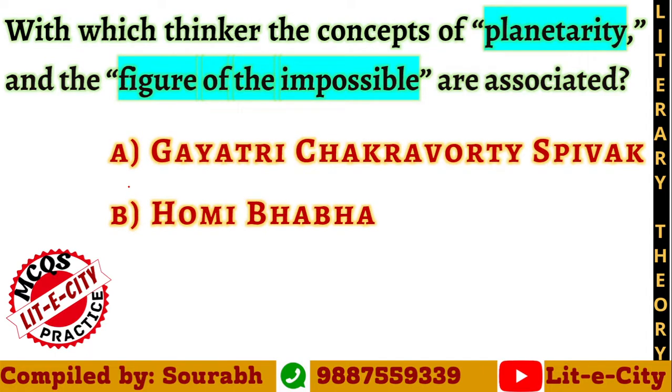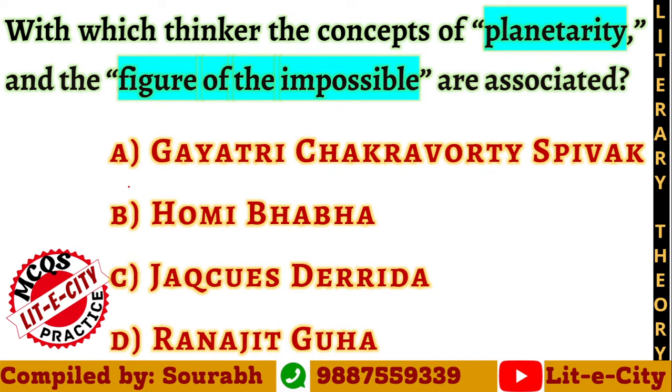Our options are Gayatri Chakravorty Spivak, Homi Bhabha, Jacques Derrida, and Ranajit Guha. Now, dear friends, all these are related in studies of colonialism, capitalism, and how these two Western concepts have exploited three fourth of the earth.